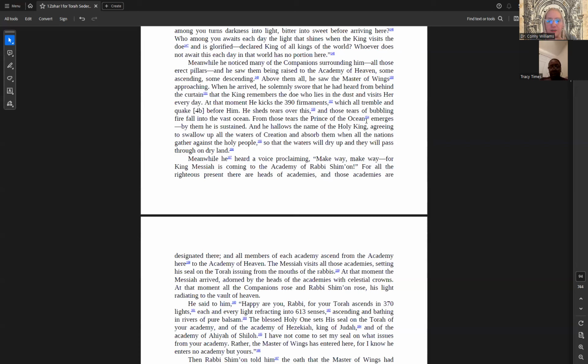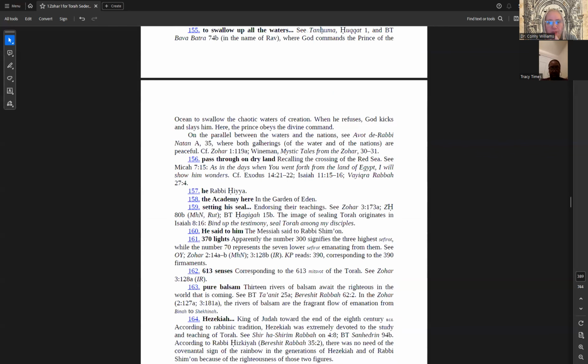From those tears, the prince of the ocean emerges. By them he is sustained, and he hallows the name of the Holy King, agreeing to swallow up all those waters of creation, and absorb them when all the nations gather against the holy people.